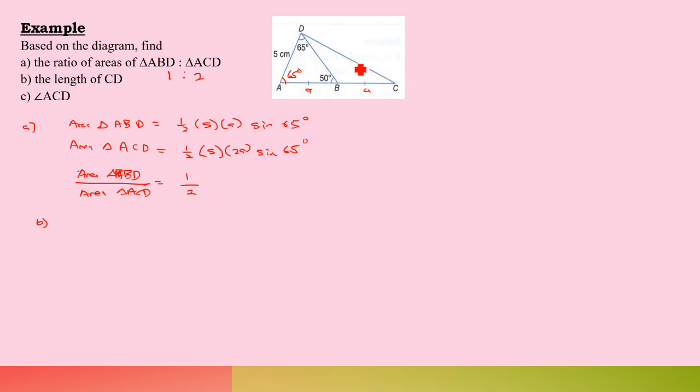So you have to find A. What we do is use the sine rule to find A. So A over sine 65, and then what we have here is 50 against 5. So 5 over sine 50.